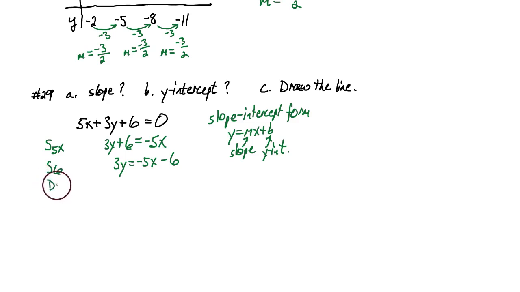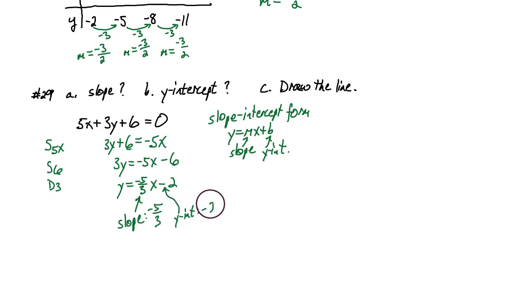Next step, divide by 3. We get y equals negative 5 over 3x. And then negative 6 divided by 3 makes negative 2. Now we have the pattern that will help us to get the slope. So looking in front of x, our slope is negative 5/3. Looking at the constant number, our y-intercept is negative 2.